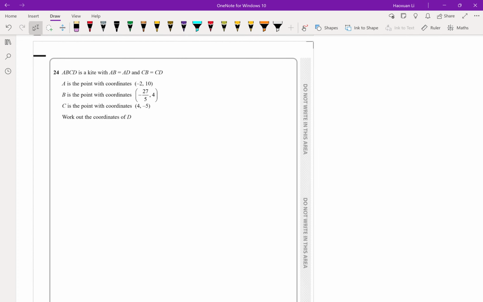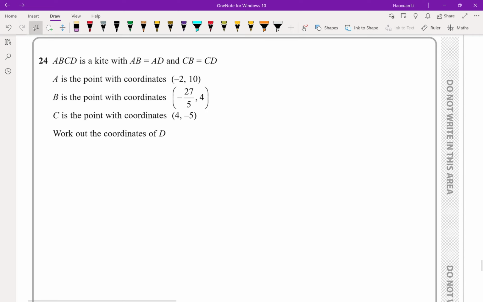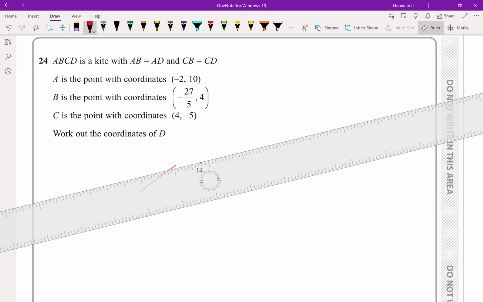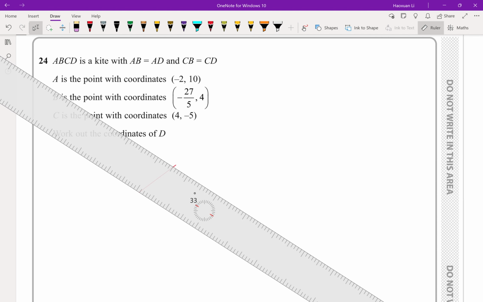Now, question 24. This one is really starting to get harder with coordinates, as coordinates and vectors are usually the hardest part of the paper. So ABCD is a kite with AB equal to AD and CB equal to CD. So a kite would look like this. If I just draw an approximate one, it will simply look like this.